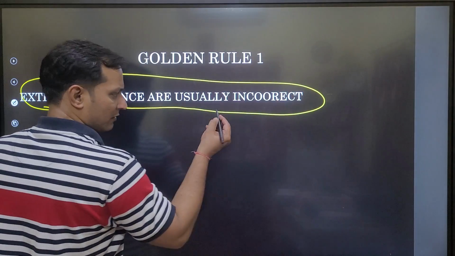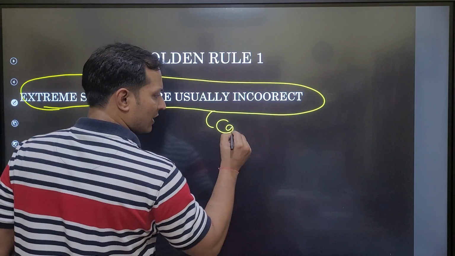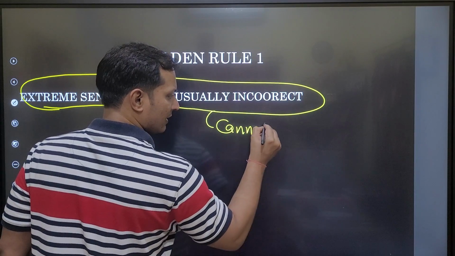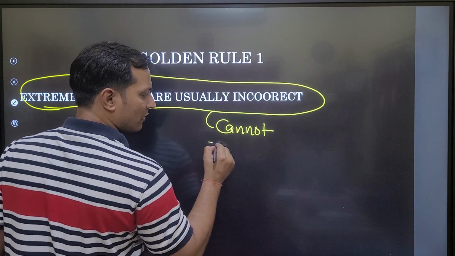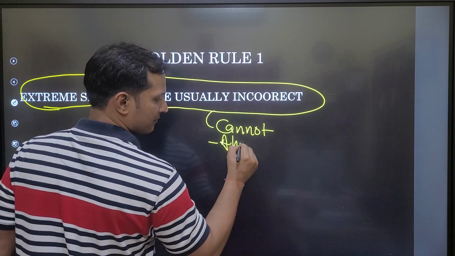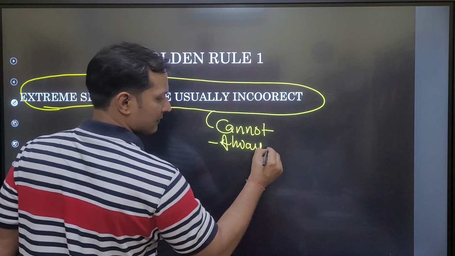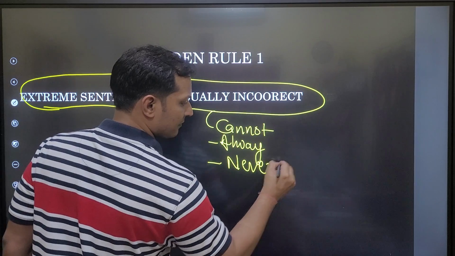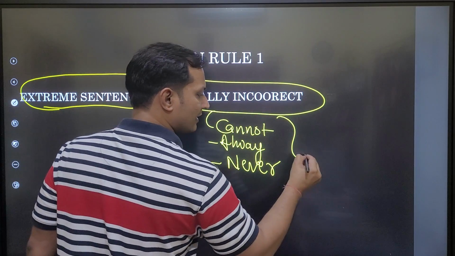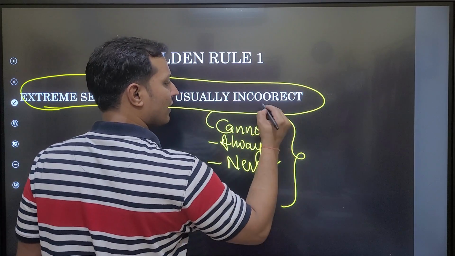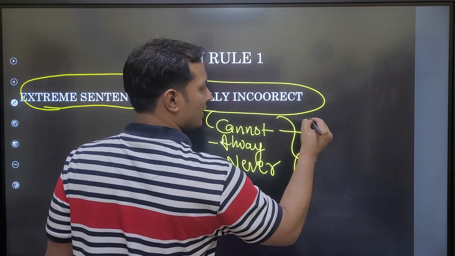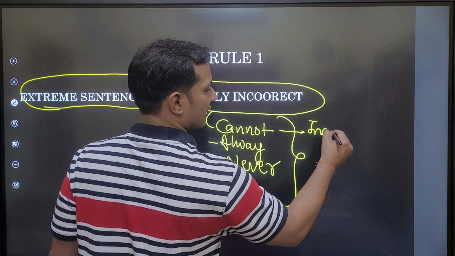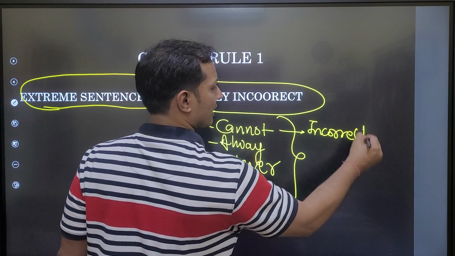Sentences which use the word cannot, sentences which use the word always, never. These are extreme words, and when they are used in options, generally those options are incorrect.